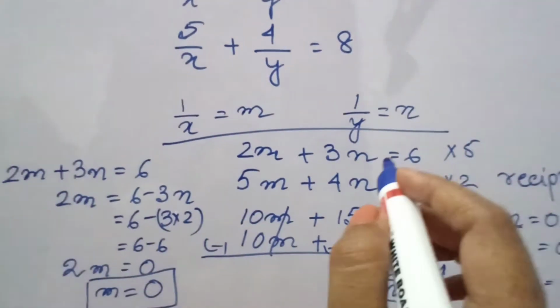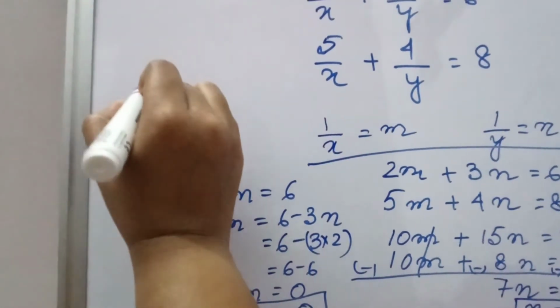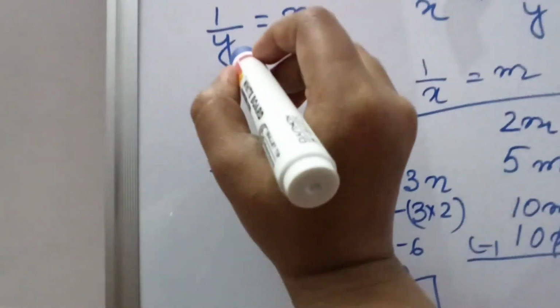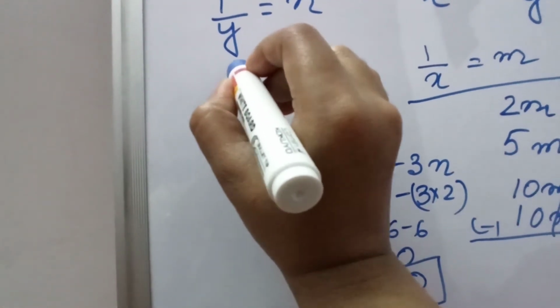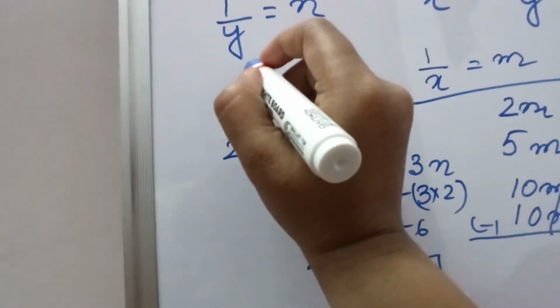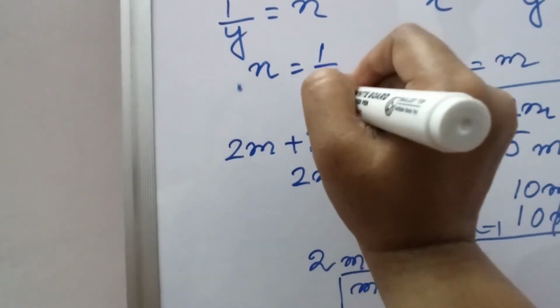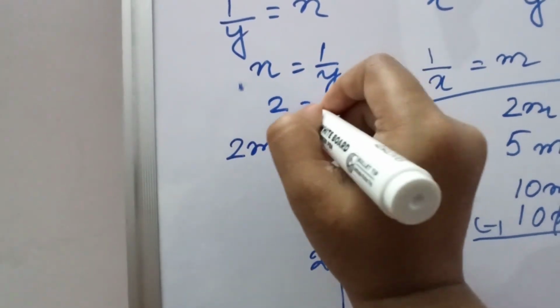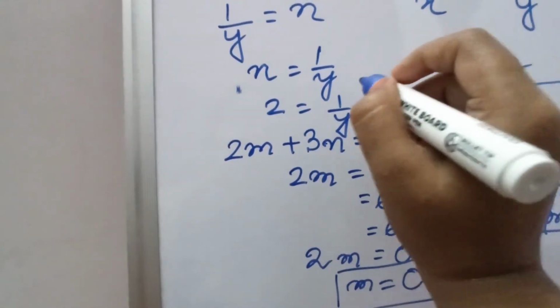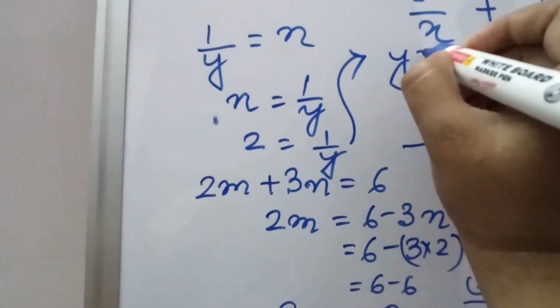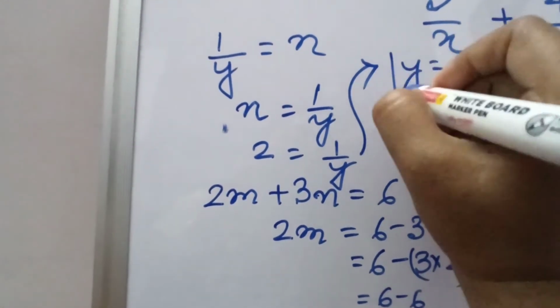Okay, similarly for y, 1 by y was n, and what was the value of n? n was 2, correct? So n was 1 by y, so n was 2, which means y is equal to half.